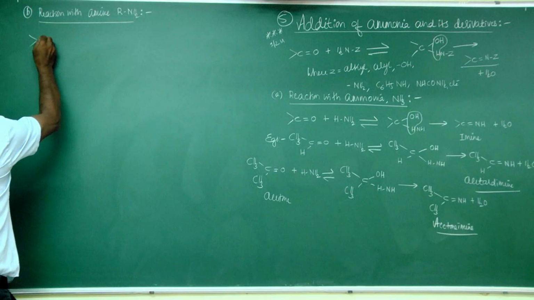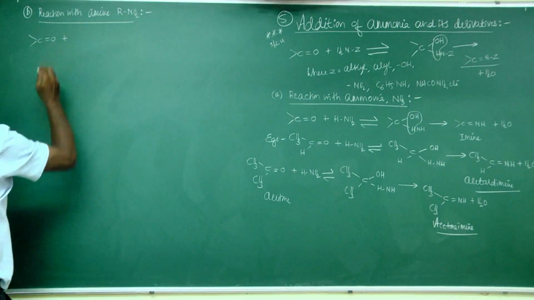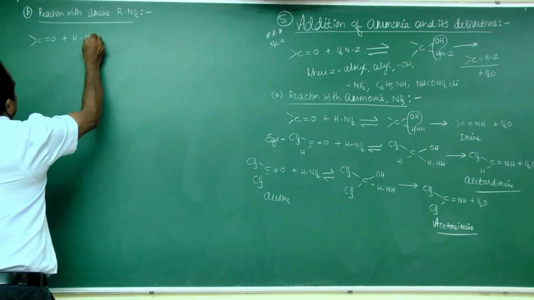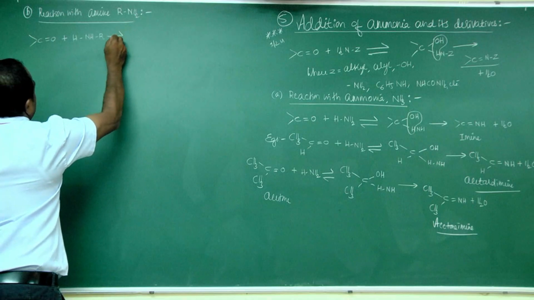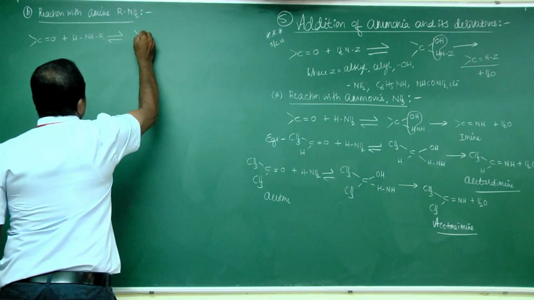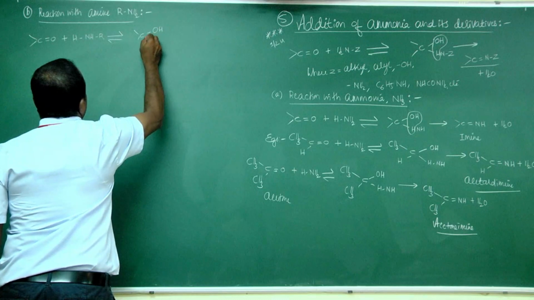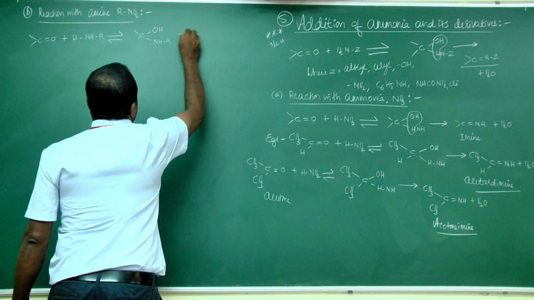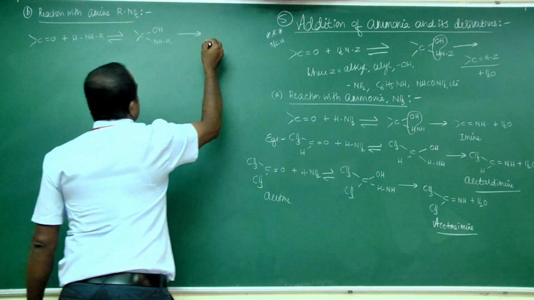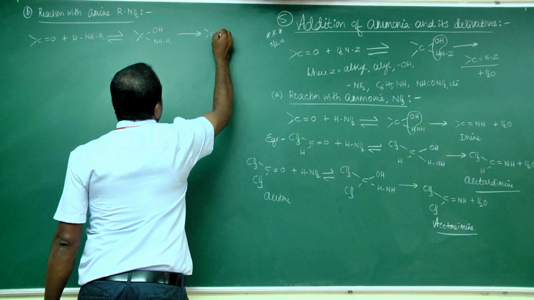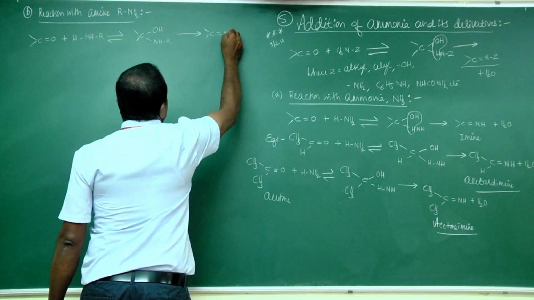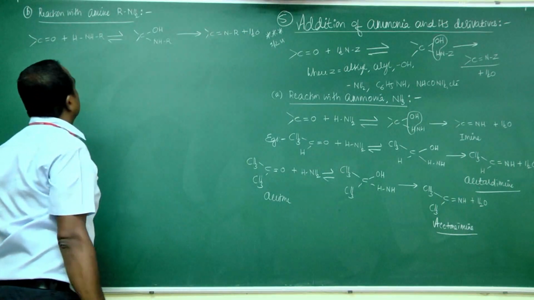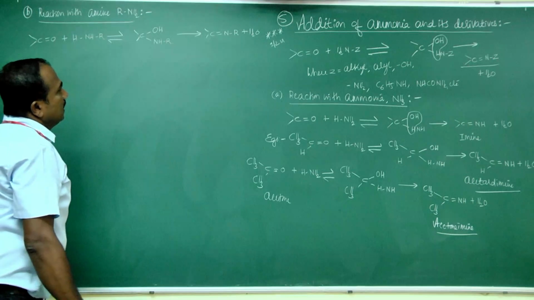Aldehydes and ketones, carbonyl compounds, react with amine, that is H2N-R, to form the intermediate C single bond OH single bond NH connected to R, and finally dehydration takes place to form C double bond N connected to R plus H2O.